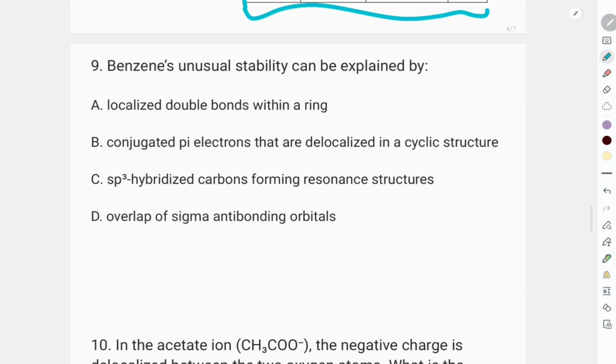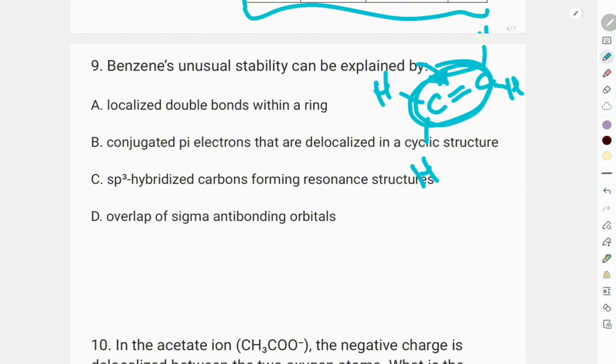So in question 9, they said benzene's unusual stability can be explained by blank. A says localized double bonds within a ring. Now, this would be true if there was only one area of a localized double bond, like in ethene. If I draw out ethene, this pi bond will be localized because it's only shared in this one area.